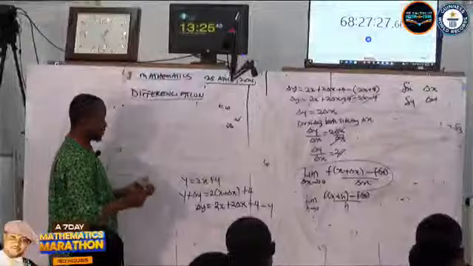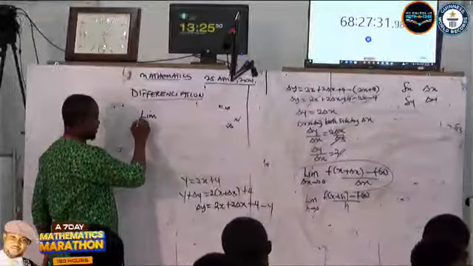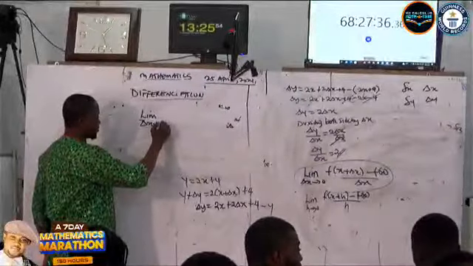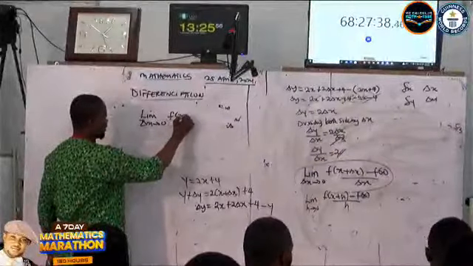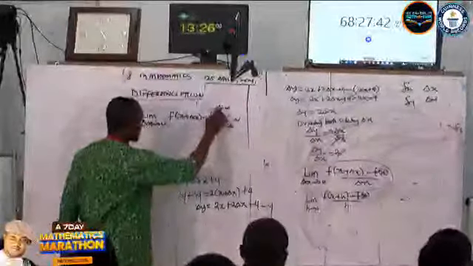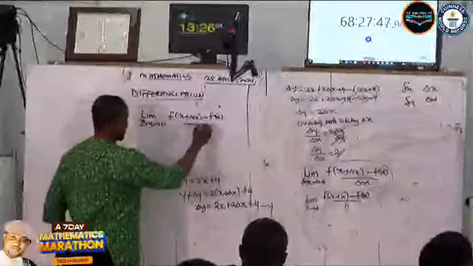When you write that expression, you say lim, because the limit value as change in x tends to 0, f of x plus change in x minus f of x divided by change in x.